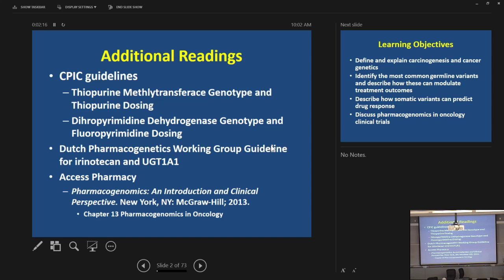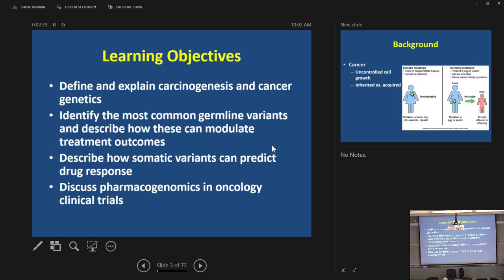And there's this book in Access Pharmacy, so you can get this for free, that talks about genomics and oncology. It's an old chapter, published in 2013, and we've come a really long way in just those few years, but the basics are there, and so that would be a good place to hone your knowledge if you need to.